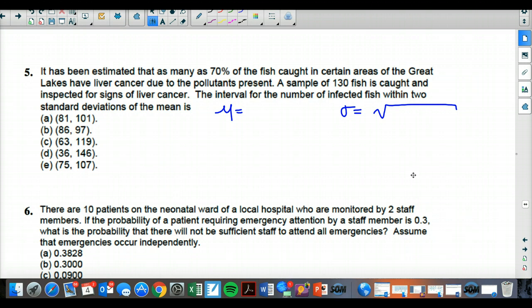So I hope for the mean you said 0.70 times 130, which is 91. My mean is 91.